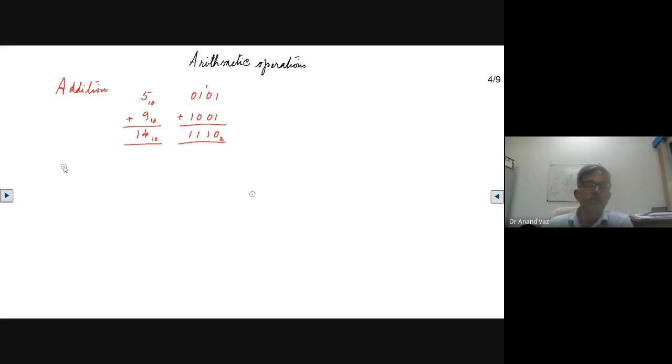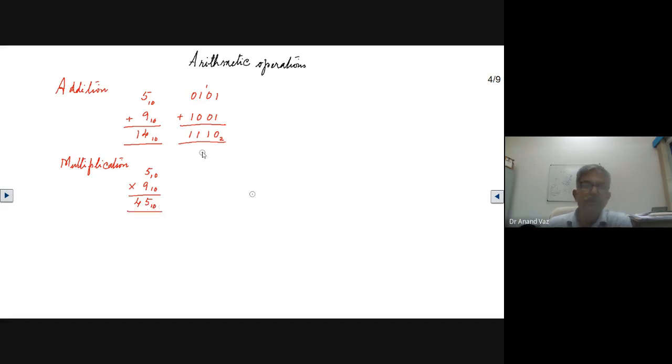Now suppose you are interested in multiplication. So for multiplication, let's take these two numbers itself, 5 multiplied by 9, and we know the answer as 45.